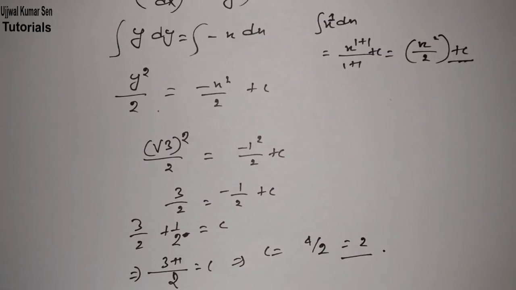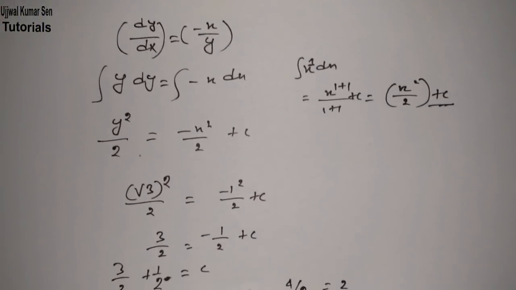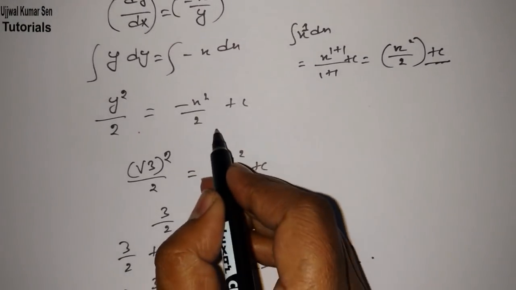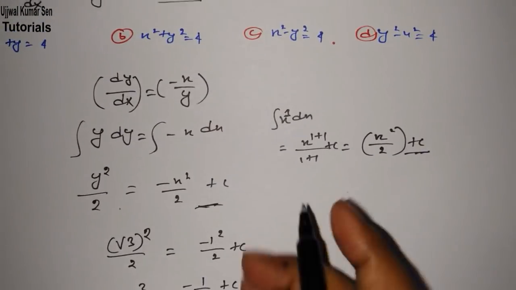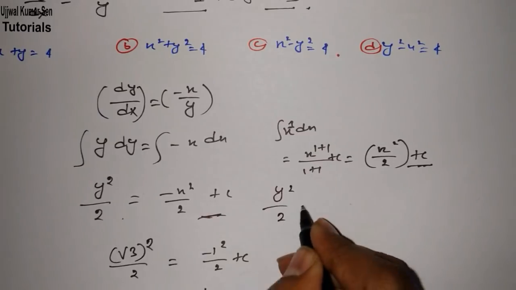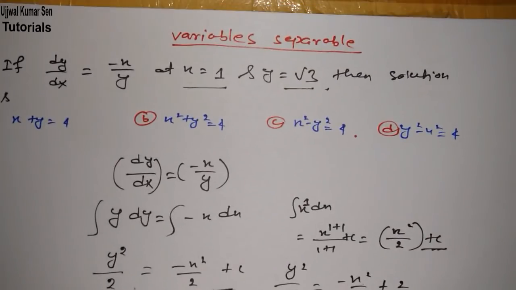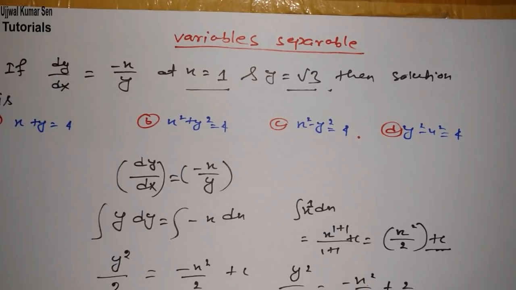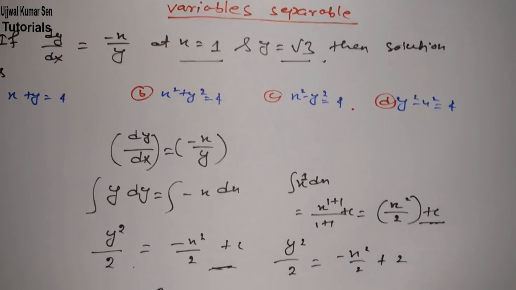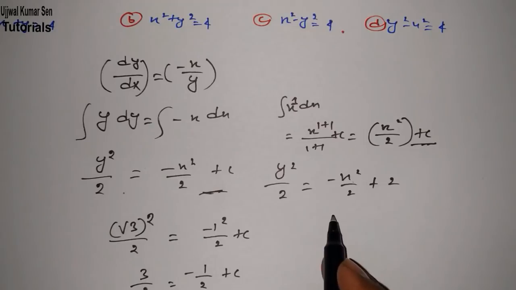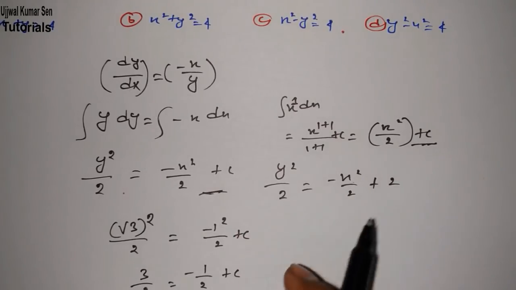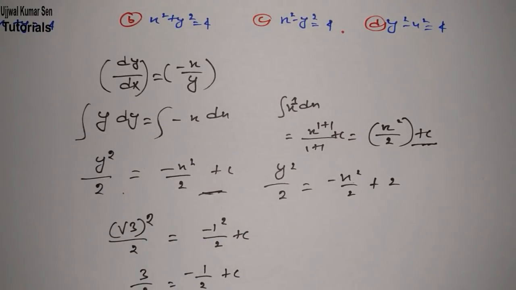So what is the value of c we got here? It's 2 only. Now put this value of c in this equation. We get y square by 2 is equal to minus x square by 2 plus 2. Now see the options we have. None of them matches directly, so we have to simplify further to match the answer given in the options.